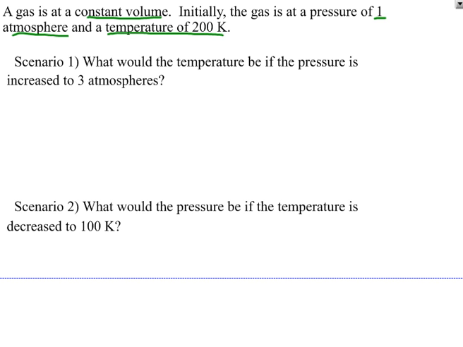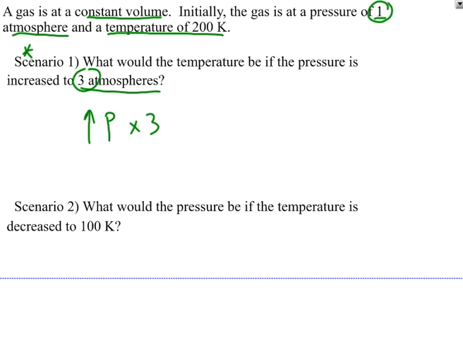So if we have a pressure starting at 1 atmosphere, in scenario 1, what would the temperature be if the pressure is increased to 3 atmospheres? That's an increase of pressure by a factor of 3.